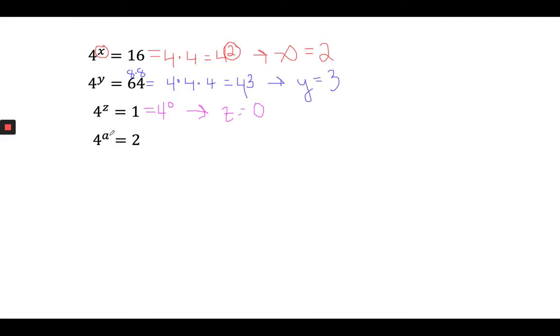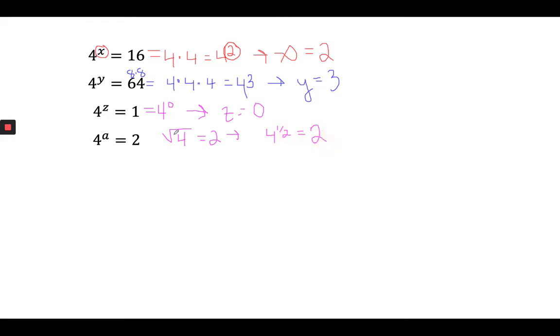All right, let's try another one. Okay, 4 to the a power is equal to 2. Well, let's think about how I could get 2 by doing a power. Remember that the square root of 4 is equal to 2. So we're going to rewrite this as an exponential. Anytime we take a square root, that is taking it to the 1/2 power.